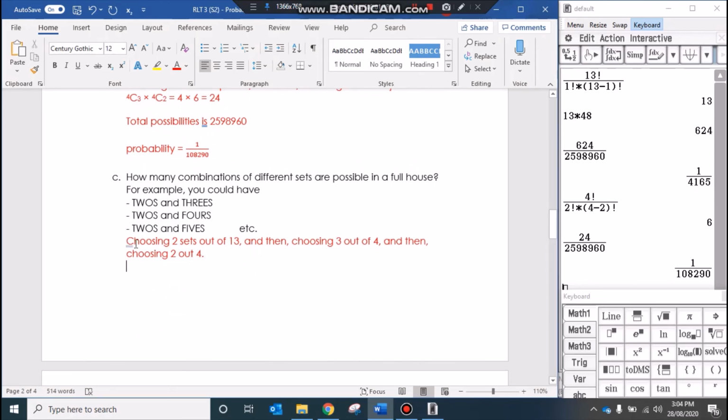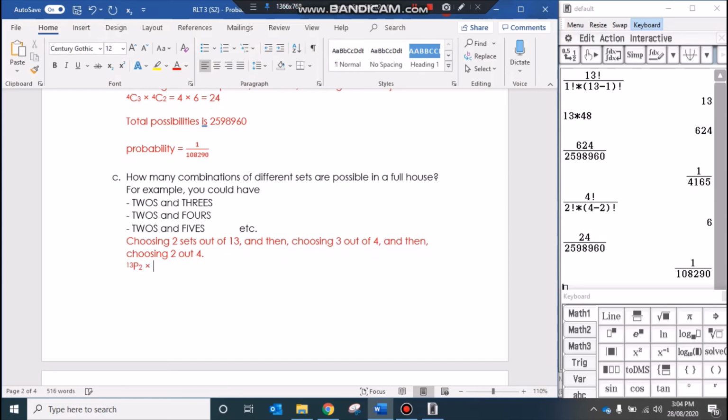So let's do this in terms of our permutations and combinations. So choosing 2 sets out of 13, in this case, the order in which we choose them does matter. So we're going to use permutations. We've got 13 sets to choose from. How many ways can we arrange 2 of them from 13?